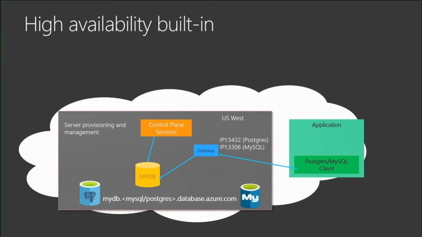This does require the client application to have the logic to retry connections for a brief period of time, typically measured in tens of seconds, and your application will be able to work seamlessly and connect transparently to the newly spawned instance in the cluster.